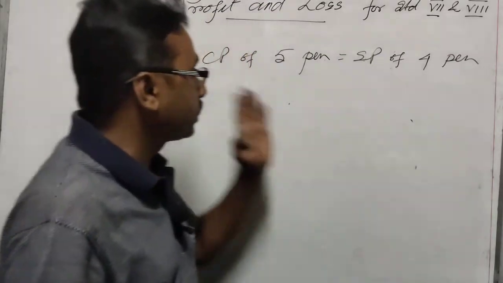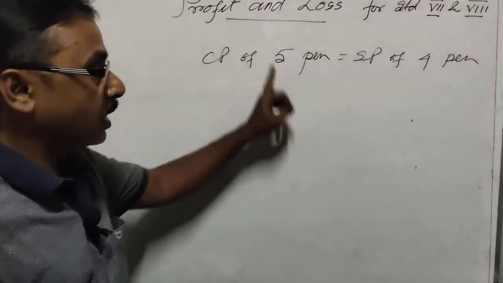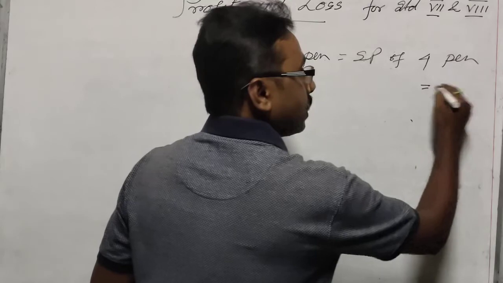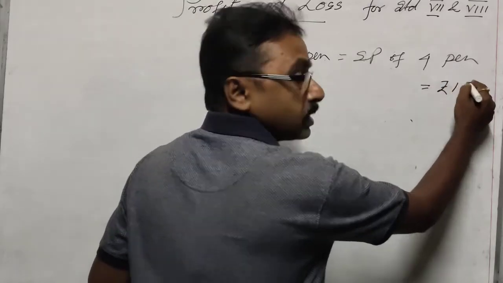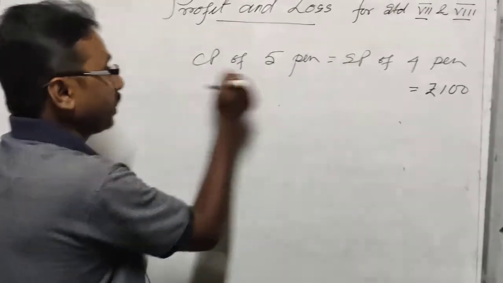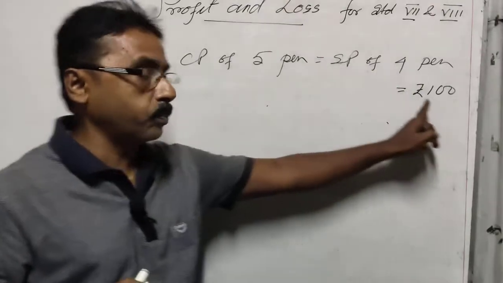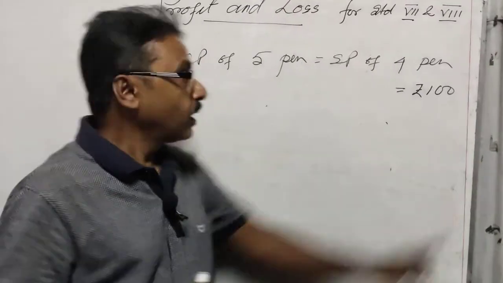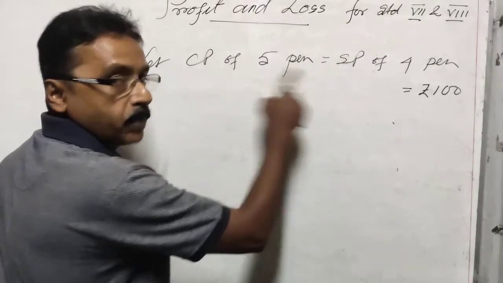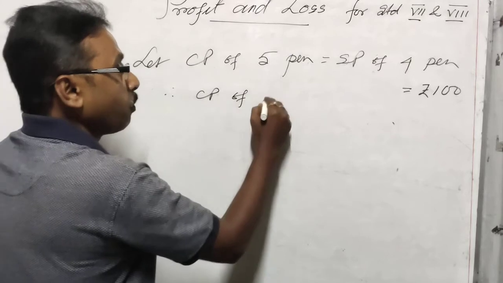Okay, so for this type of sum, let us assume that CP of 5 pens equals SP of 4 pens is rupees 100. This is our assumption. Now if the cost of 5 pens is rupees 100, then what is the CP of 1 pen?